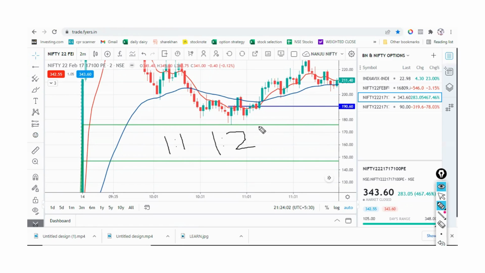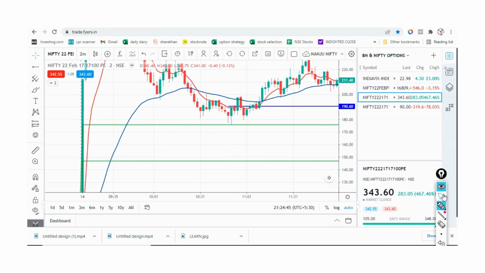So 191 plus 15 points is equal to 206, and this is the first target, and the second target is 221. Now let's see what happened.